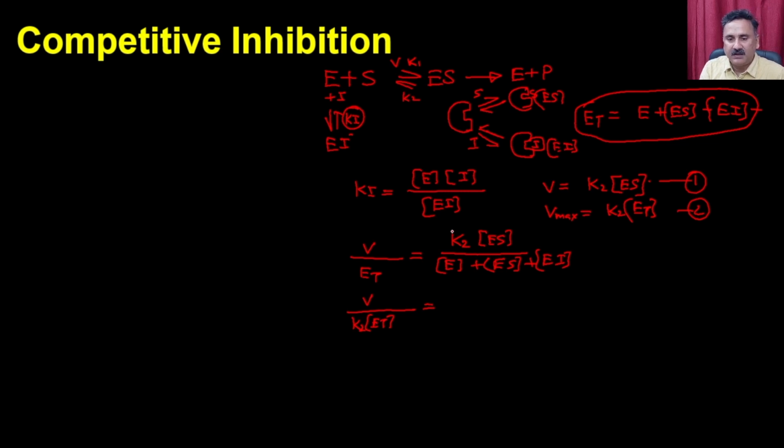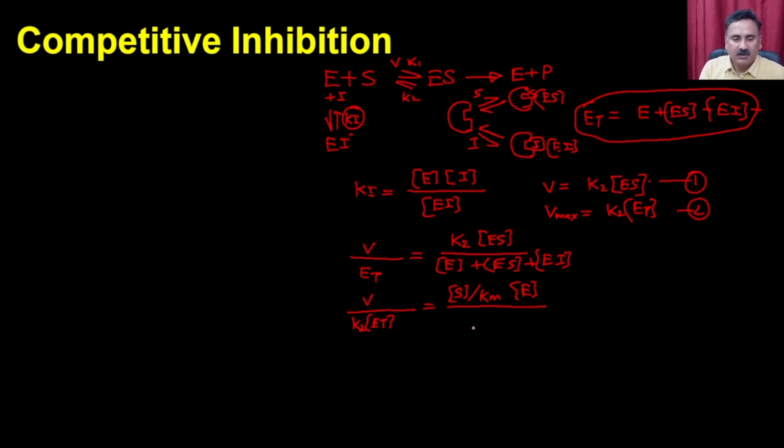So if I take this, instead of this I can put the Michaelis-Menten constant. So I put the substrate divided by the Km multiplied by the enzyme E, and I can do this whole thing.